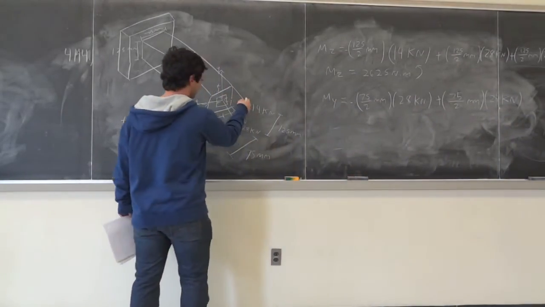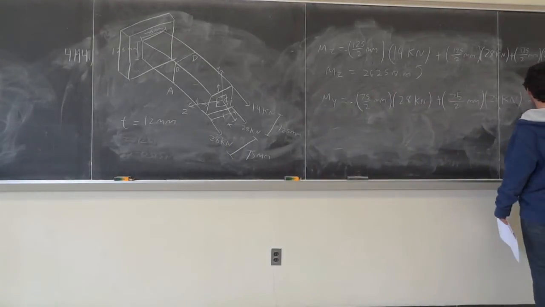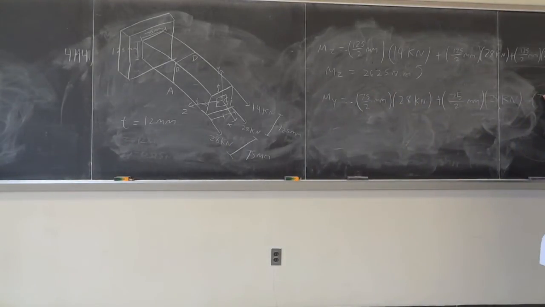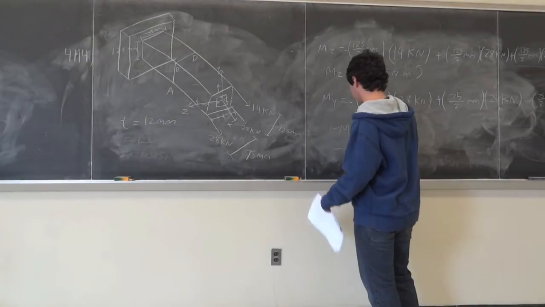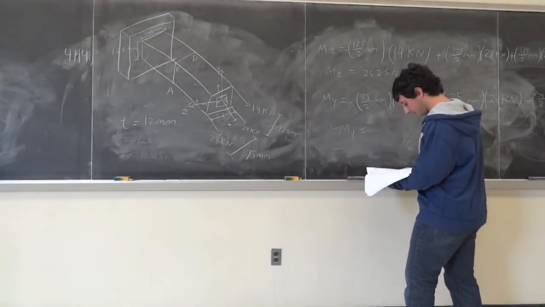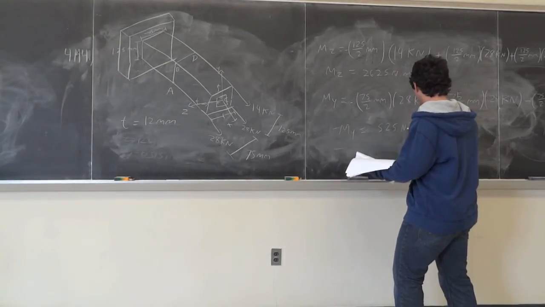So you have this distance times this force. So that's going to be minus 75 over 2 millimeters multiplied by the force, which is 14 kilonewtons. Okay, so my is equal to 525 Newton meters.